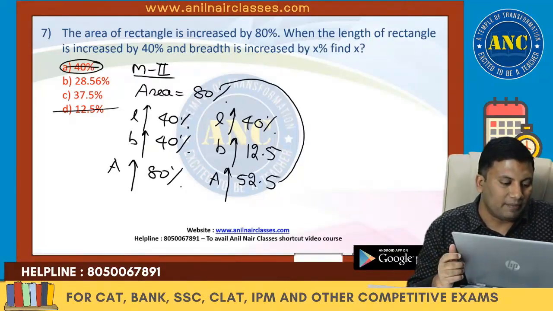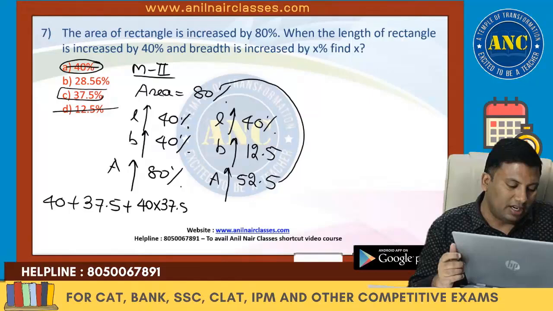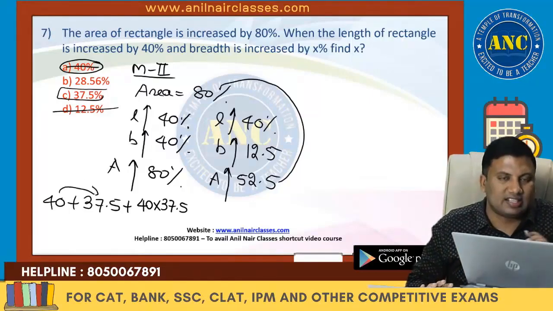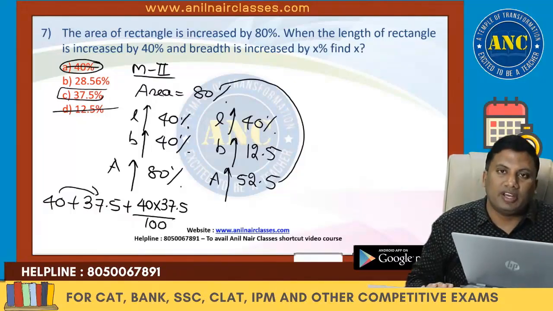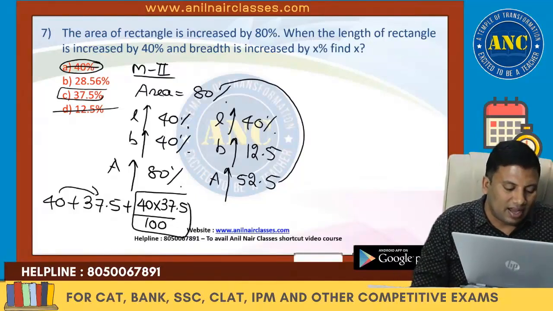Now, it is 37.5. This will be 40 plus 37.5 plus 40 into 37.5 by 100. Just think logically, sir. 40 plus 37 is 77. Divided by 100, think logically, right? Is this value 3?